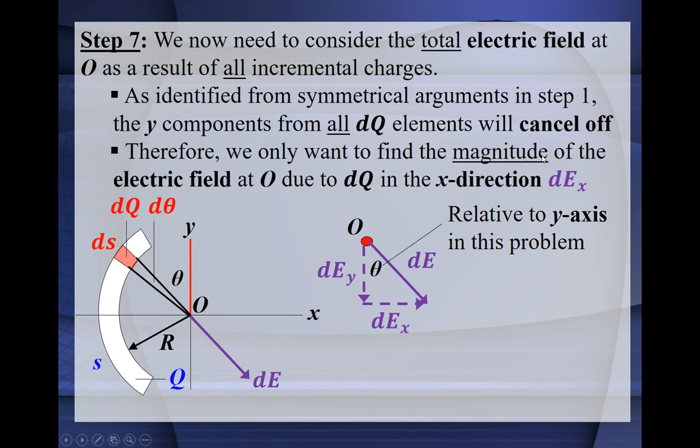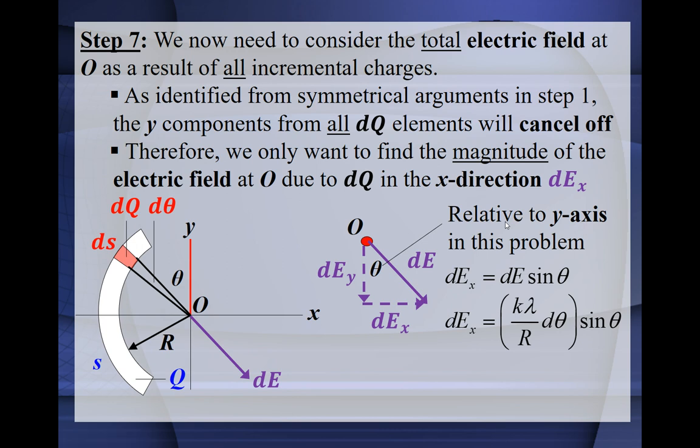So again, now we're going to figure out what the magnitude of the electric field is at point O due to dq, only in the x direction, because that's what matters when we find out the total. So we can write down dEx would be equal to dE times sine of theta. From the previous slide, we had an equation for what dE was, and that equation was dE is k lambda over capital R times d theta, times sine theta.